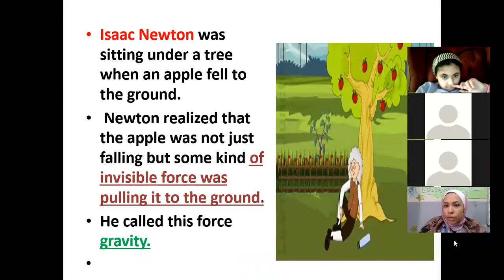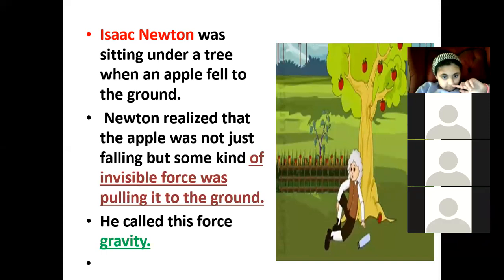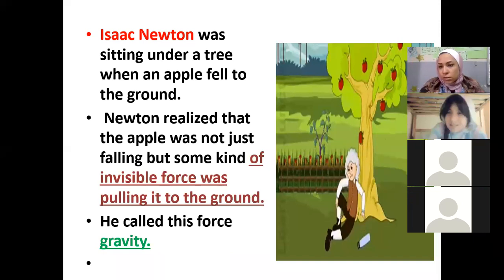What do we use in order to measure the mass? When we are describing the mass, what unit do we use? Four people only. Where are the rest? What is the unit of the mass, guys?